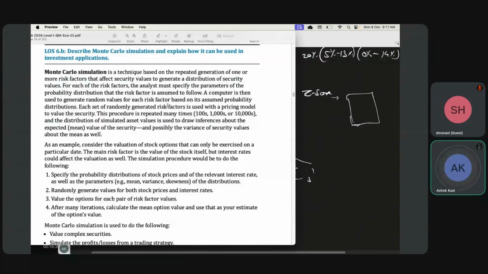Then Monte Carlo simulation. Here are some keywords. This is an important one. Some keywords are repeated many times.